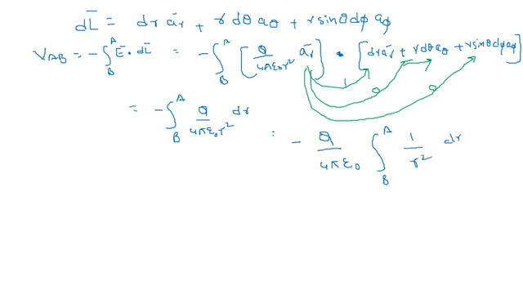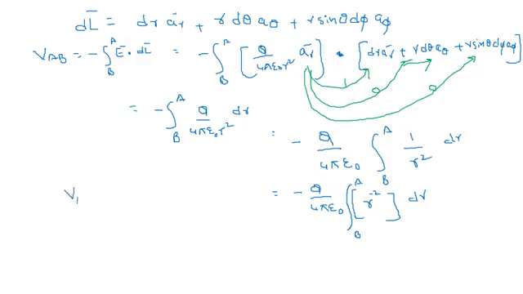Now this integration of 1 by r square will become minus q by 4 pi epsilon naught. In this integration, you can take the limits as b to a. Taking r to the power minus 2 in the numerator, after doing this integration of r to the power of minus 2, I am directly writing the final equation.